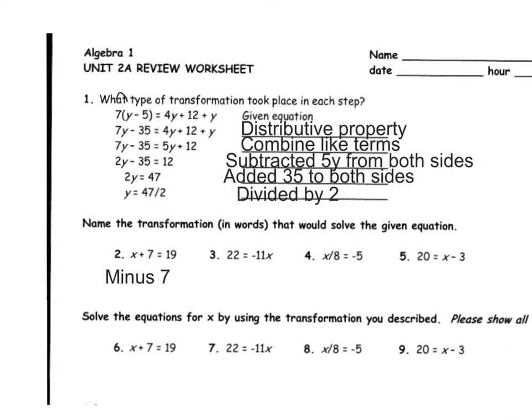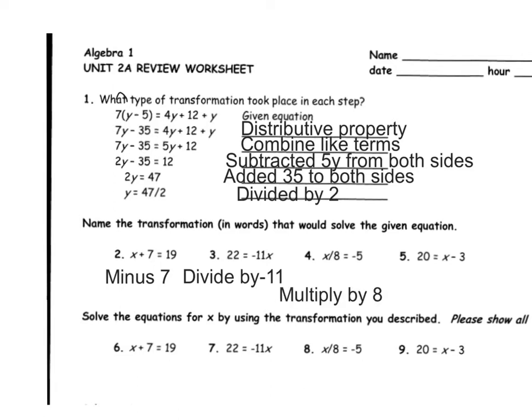Number 3, instead of multiplying by a negative 11, they need to divide by a negative 11. On the fourth one, it's saying x divided by 8, so I'm going to do the inverse of dividing by 8, which is multiply by 8.